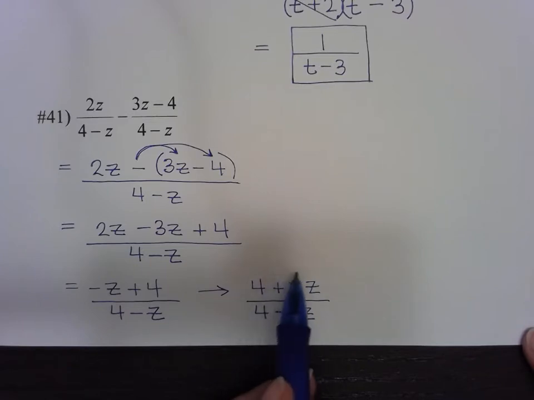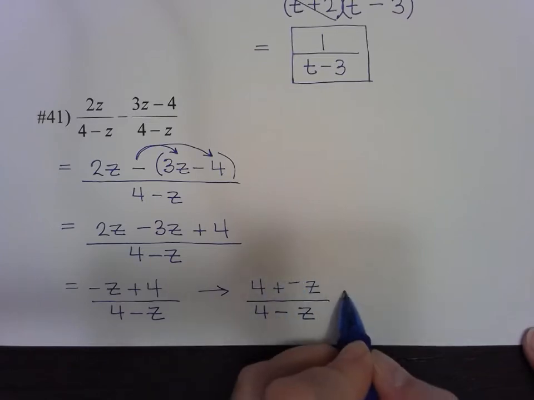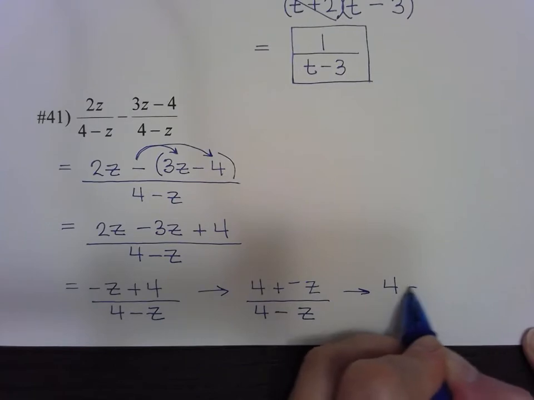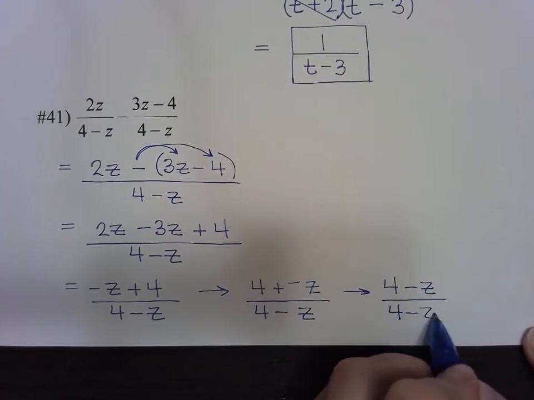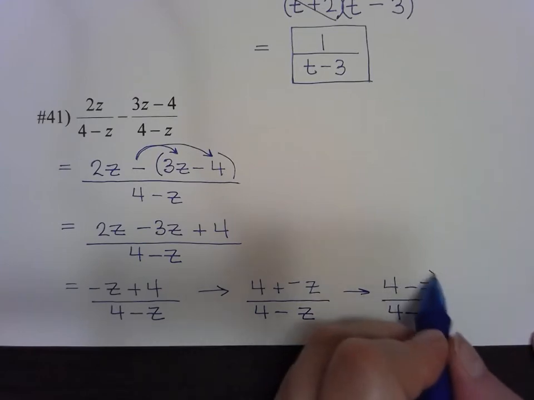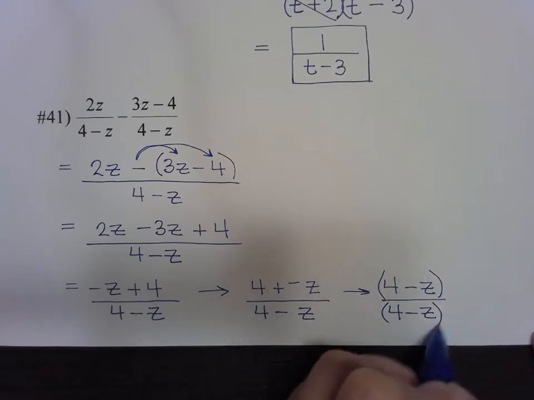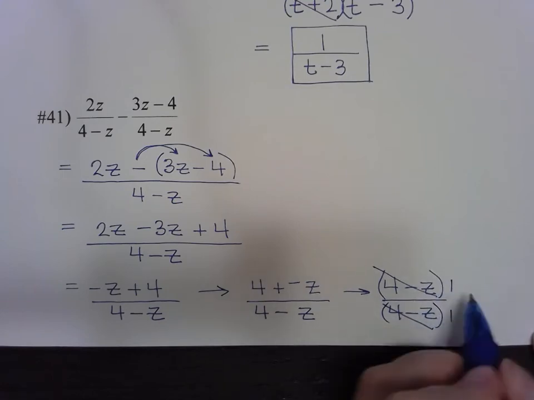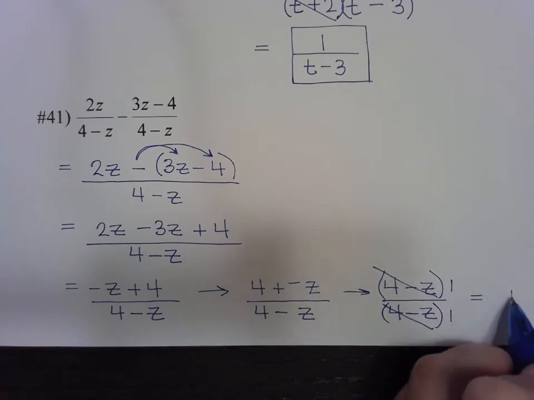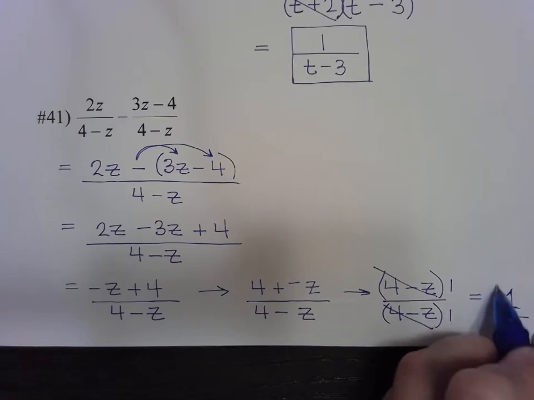These together are just one negative. So really this is 4 minus z over 4 minus z. Think of this as one unit, right? So I can cancel them out. If I cancel them out, I have ones left in their spot. So my final answer is just 1.